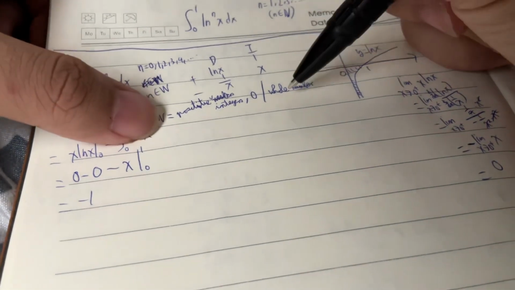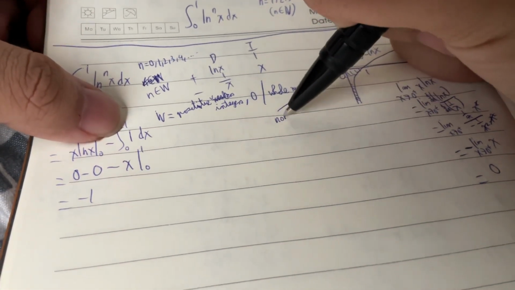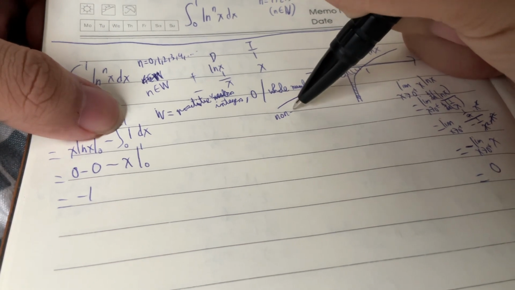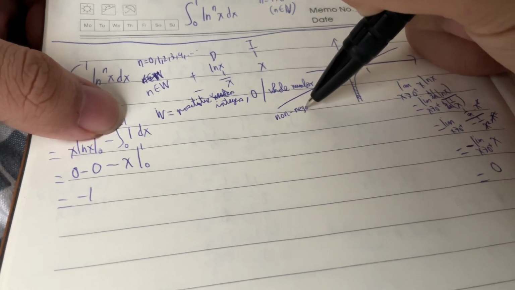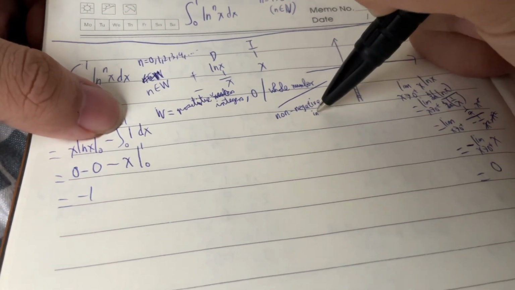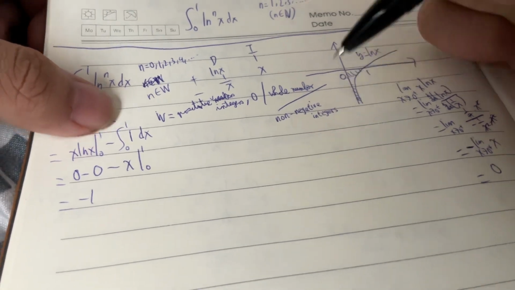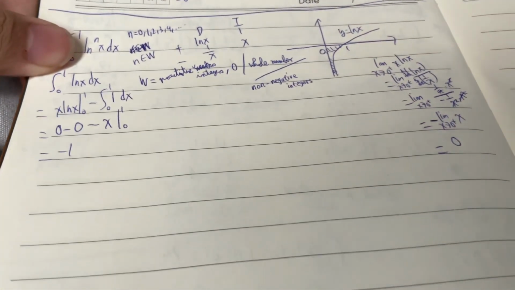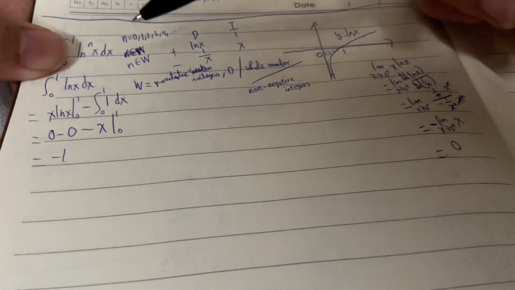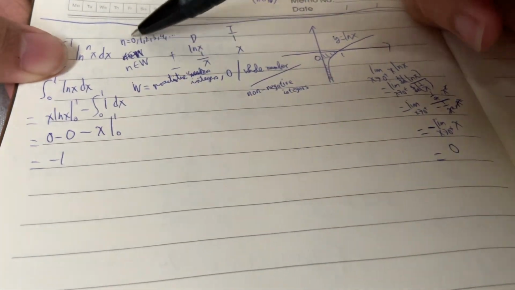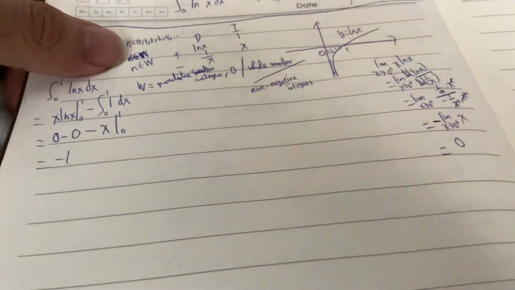Or you can call this the non-negative integers. Zero is neither negative nor positive, so this is a non-negative integer. So 0, 1, 2, 3, 4, just W.